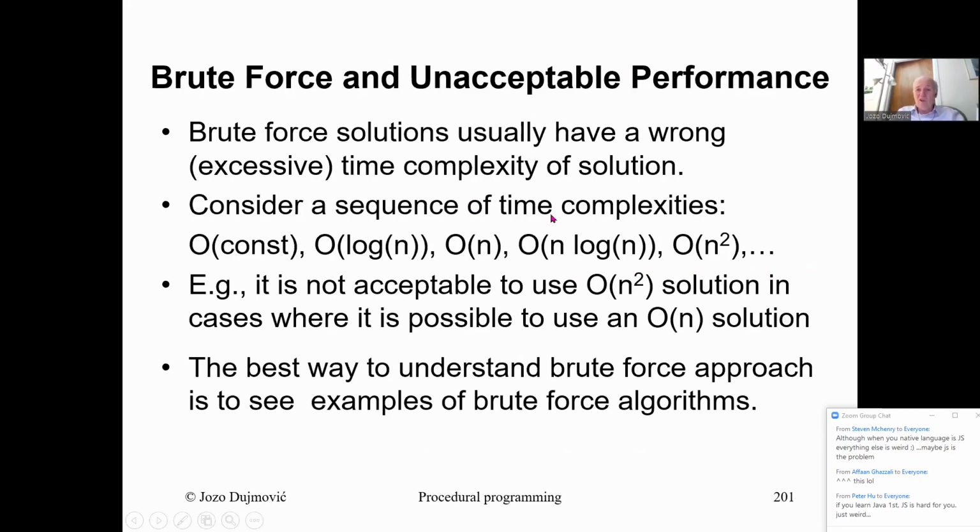So I want now to fight against the brute force approach. The simplest way to see it is to look at time complexity: O of constant, O of log n, O of n, O of n log n, n squared, n cubed, etc. These are increasing complexities. And of course, what is not acceptable is to use a quadratic algorithm if it is possible to have a linear algorithm.